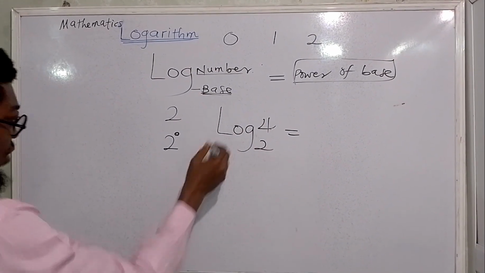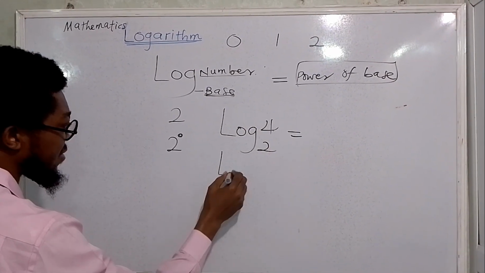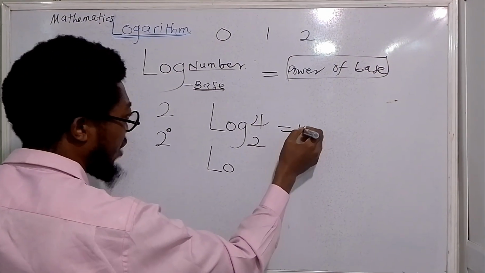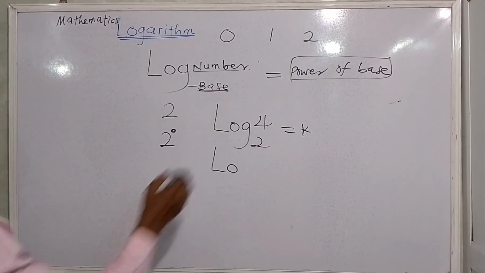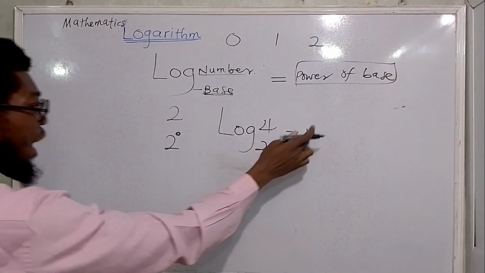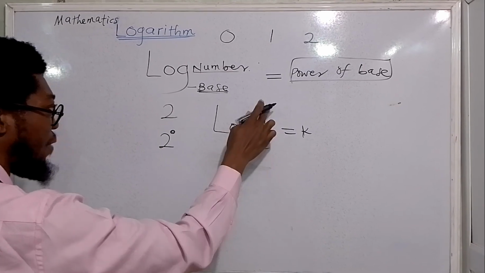That's the answer. Let's assume your name is Kudira and I make the answer K. K is what I'm going to put on 2 that will turn 2 to 4.